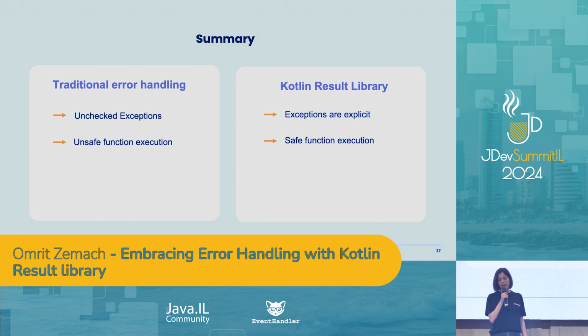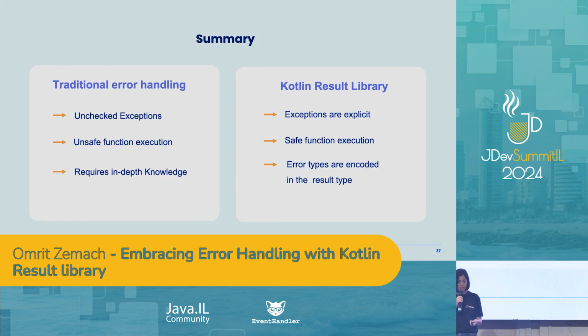In traditional error handling, function execution is unsafe when we talk about unchecked exceptions, because an exception can explode at runtime. But in the Kotlin Result library, if you use it properly, function execution is safe. Traditional error handling requires from us in-depth knowledge of the different exceptions, but in Kotlin Result, the error type is encoded in the result type.